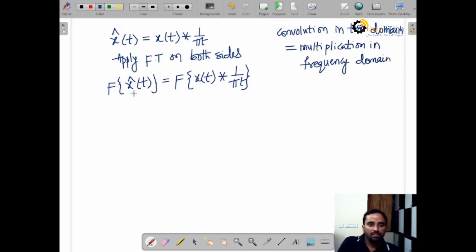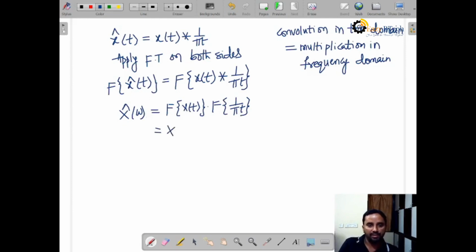So now x cap of t will become x cap of omega after Fourier transform, and here convolution in time domain will become multiplication in frequency domain. So Fourier transform of x of t into Fourier transform of 1 by pi t. So x cap of t, that is Fourier transform x cap of omega.